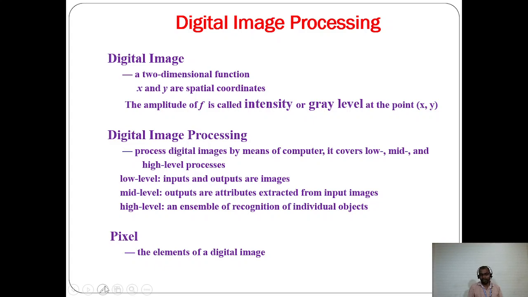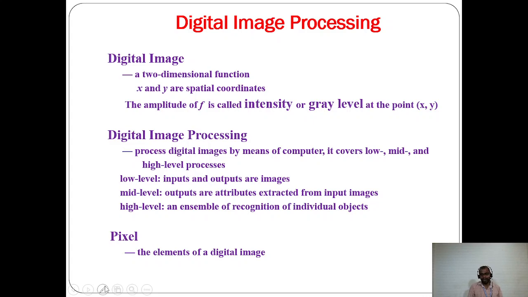In mid level processing, the input is an image, but the output is some attributes extracted from the digital image. High level processing takes an image as input, but the final output is the recognition of the particular object. We call it high level digital image processing.